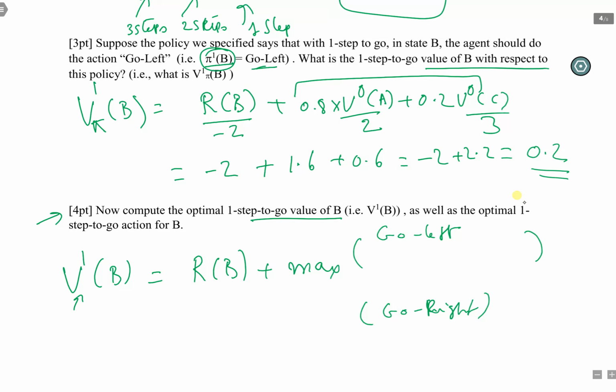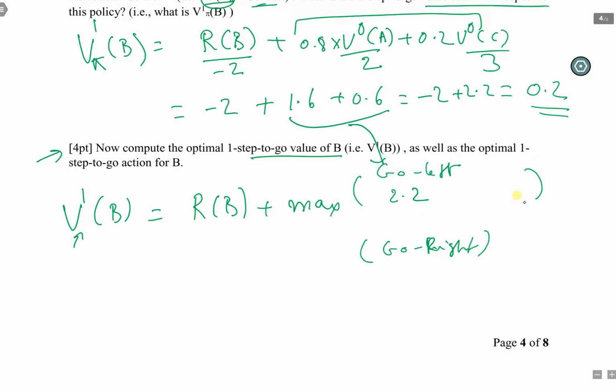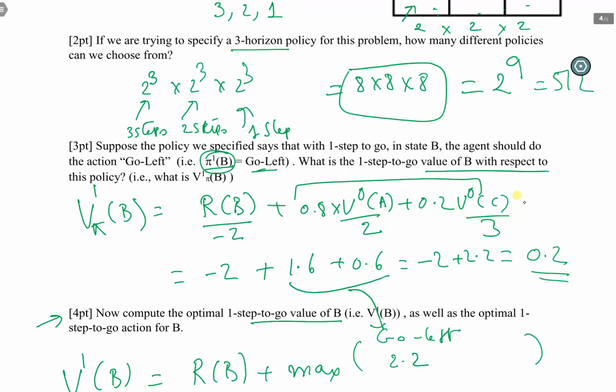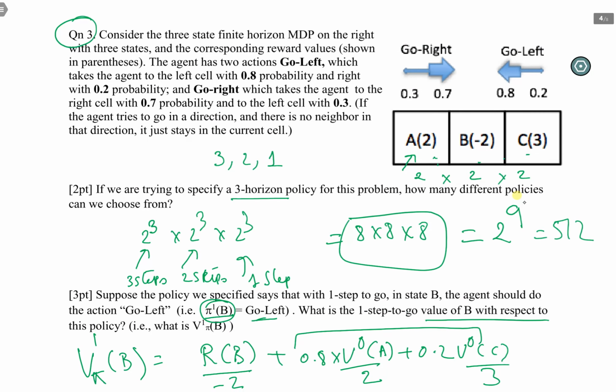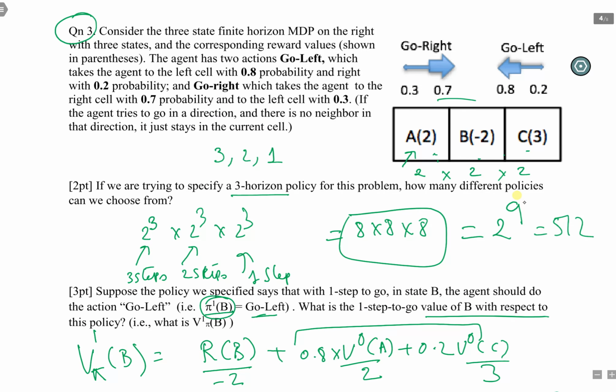Going left, from here we know, is 2.2. For going right, I just have to notice that if it went right, with 0.7 it will be in C and with 0.3 it will be in A.